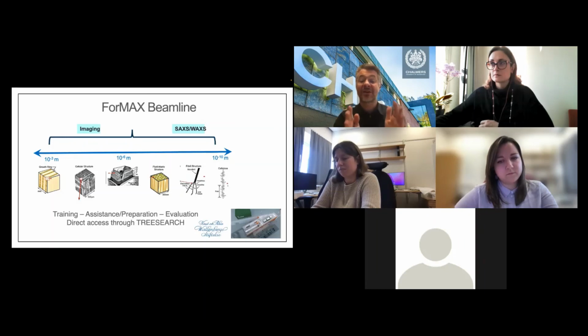We will start from the micron scale and go up to the millimeter scale with direct X-ray imaging. So think about this also as a possibility for the future, and maybe as a motivation to get further training in these techniques. So with this, I'm really thankful to my colleagues who have been giving you the scientific part, and also for this opportunity for us to present what we're doing.